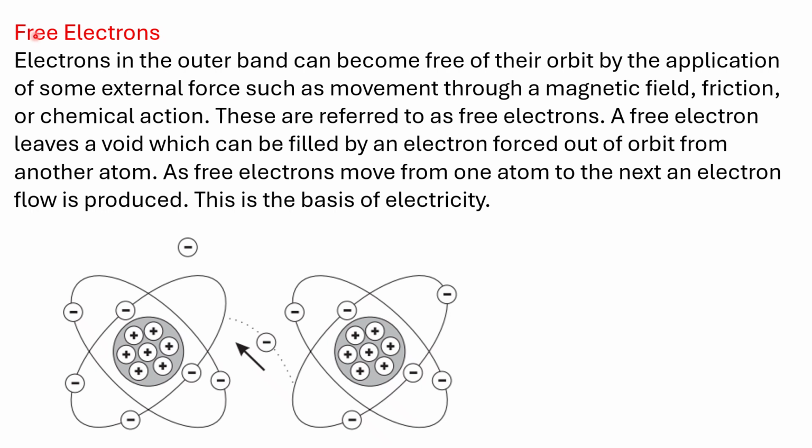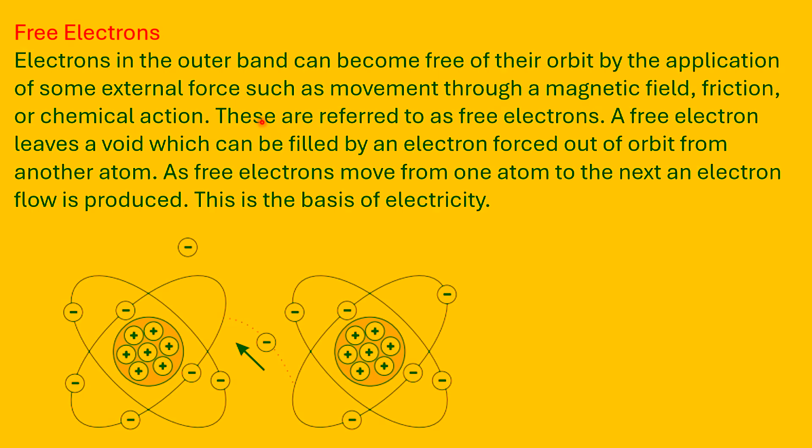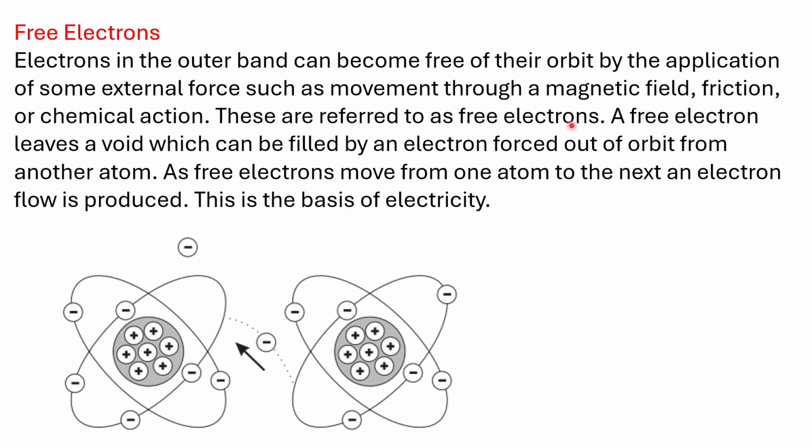Free electrons. Electrons in the outer band can become free of their orbit by application of some external source such as movement through a magnetic field, friction, or chemical action. These are referred to as free electrons.